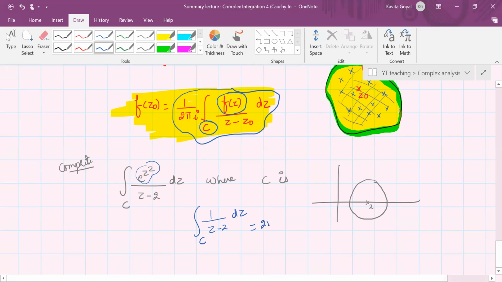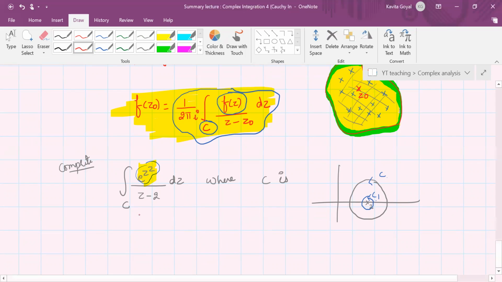That one we know is equal to 2 pi iota, but only when your curve is a circle with center 2. Since this curve C is not a circle with center 2, you would make a circle C1 and say the integral along C is the same as the integral along C1. But here you have this e raised to power z square also, so our last technique will not work. Understood, Minal? Yes, ma'am. You cannot get rid of this e raised to power z square.